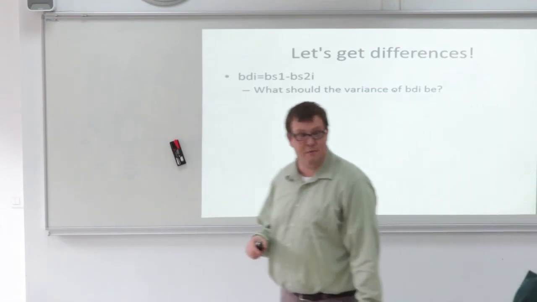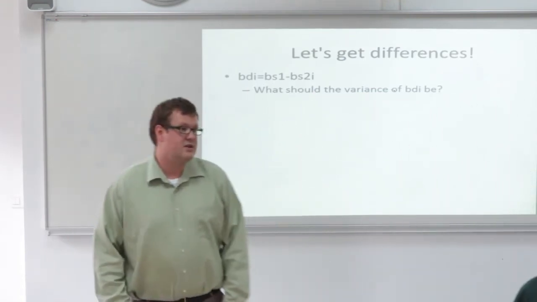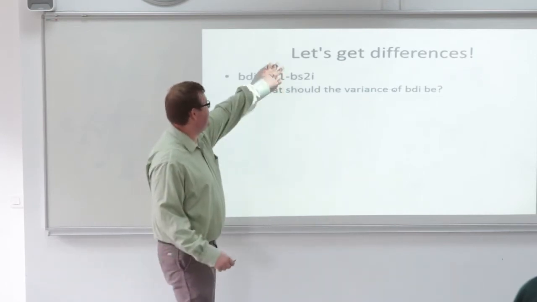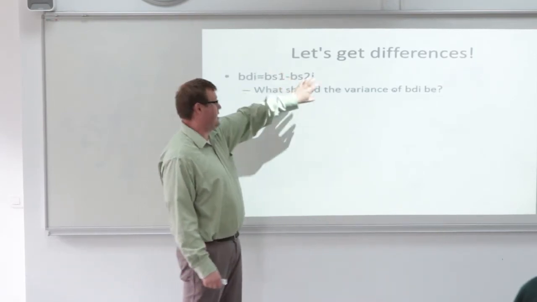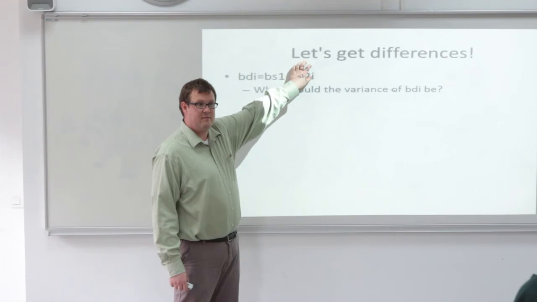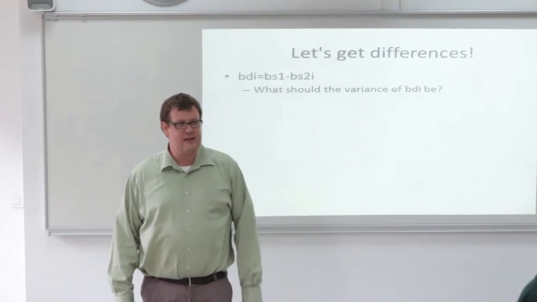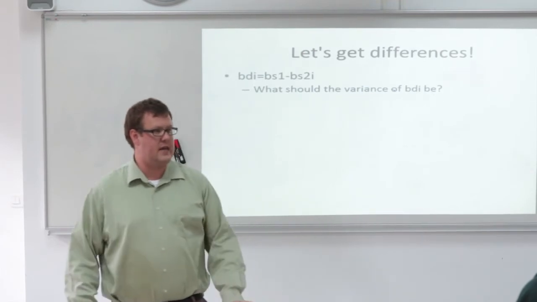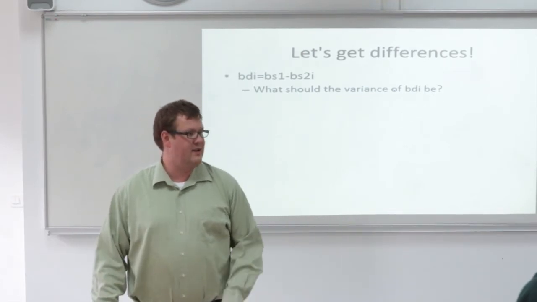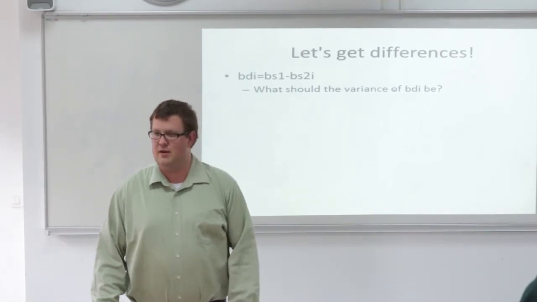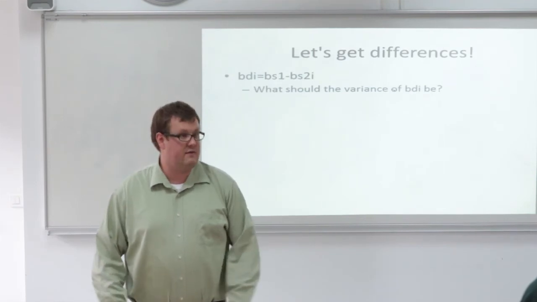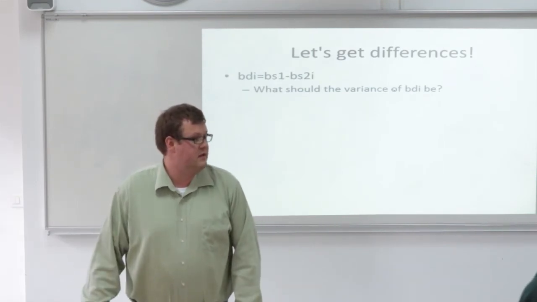Anyone have any different predictions? So what you did is you took the variance of this, which is 100, and subtracted the variance of this from it. What did we learn in last class when we had independent samples and we subtracted one of them from the other? What was the variance of the differences?